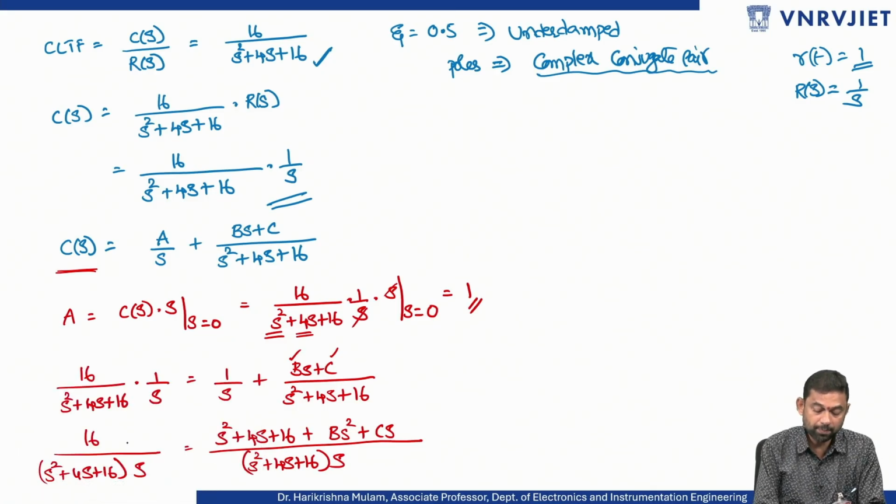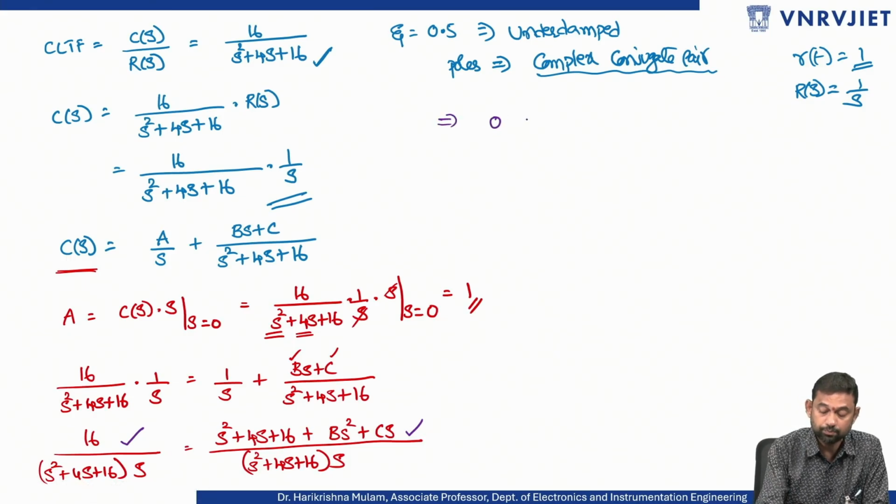Now, if you compare the coefficient of S square on the left hand side numerator with the coefficient of S square on the right hand side numerator: what is the coefficient of S square on the left hand side? It is equal to 0. That 0 is equal to the coefficient of S square on the right hand side, which is 1 plus B. Therefore, B is equal to minus 1.